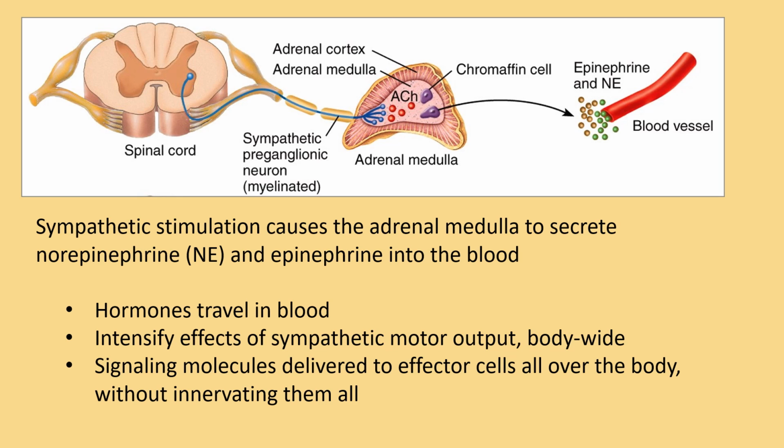They are signaling molecules that travel in the blood that were produced by neurons. So those chromaffin cells, are they endocrine? Are they neurons? They're modified neurons. They're neuroendocrine cells that make neurohormones, epinephrine and norepinephrine. And so this is a shortcut for your body. In response to an increase in sympathetic stimulation to the adrenal medulla, those chromaffin cells secrete a lot of epinephrine and norepinephrine into your blood.